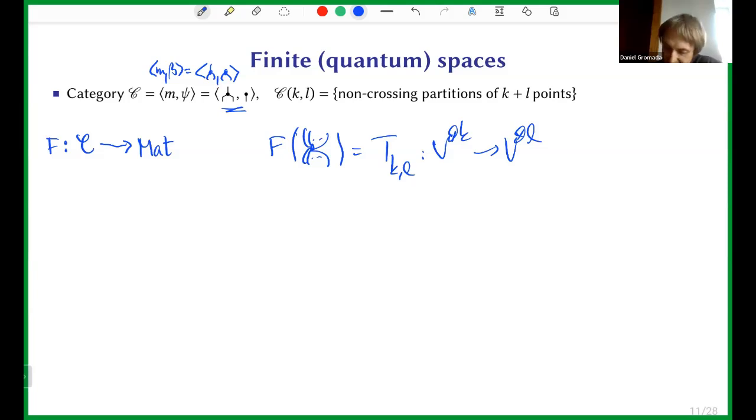What you can do is, maybe first of all, focus on diagrams with 0 inputs and 0 outputs. This works for all the morphism spaces. Well, this is supposed to be mapped to 1-by-1 matrices, right? So just the complex numbers. Is this faithful?